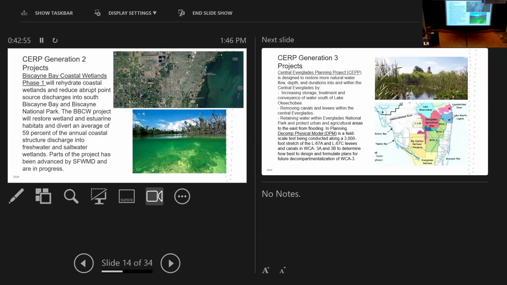It's Biscayne Bay coastal wetlands, and it kind of fell apart because one of the major sources of water into this area on the western side of Biscayne Bay, down in the south of the Cutler Ridge area, all the way down to Biscayne Bay National Park. This was an area where they wanted to control water flow into Biscayne Bay, but one of the major water sources was a huge sewage treatment plant at the south end of Miami.